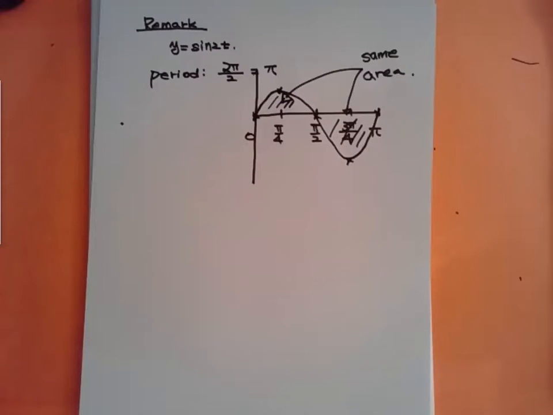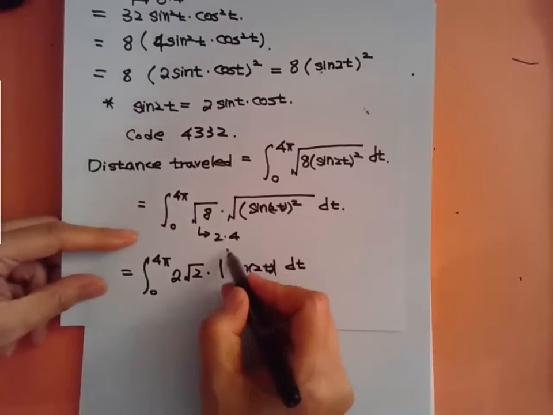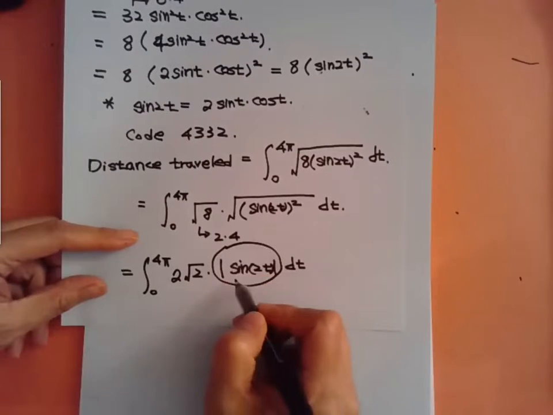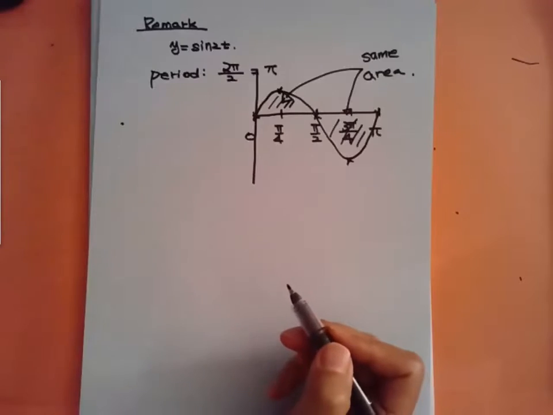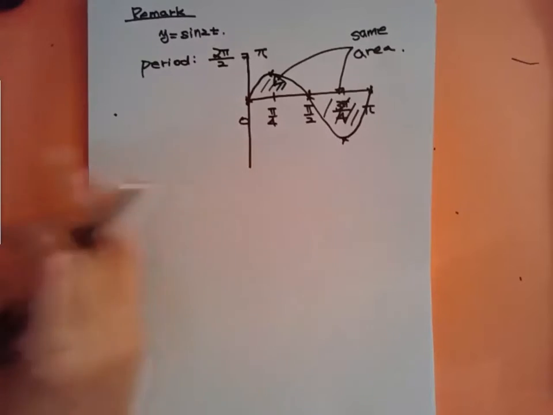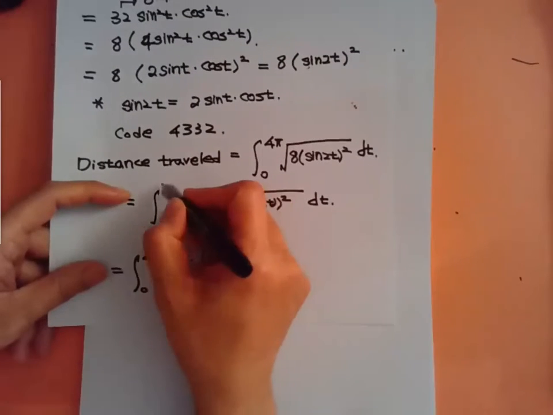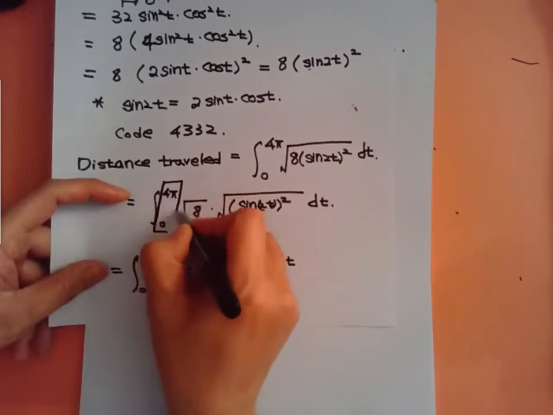The reason we are thinking about that is we are thinking about the absolute value of sine of 2t, and we are considering the interval from 0 to 4 pi.